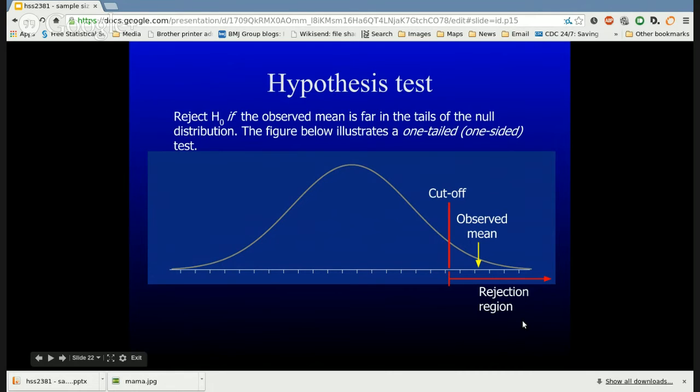I'm still going to get some people whose blood pressure changes. And if samples measure the change in blood pressure, I'm still going to get a normal distribution of the mean change in blood pressure.